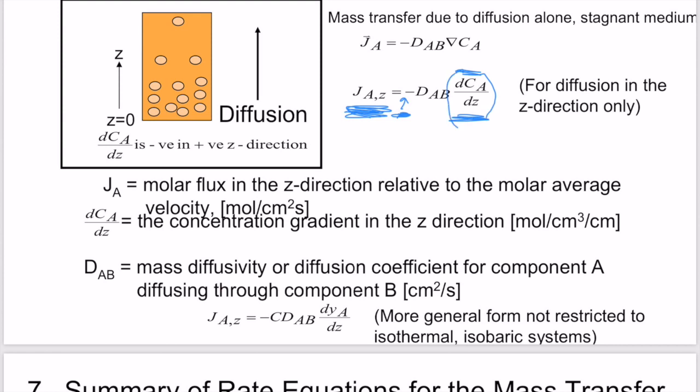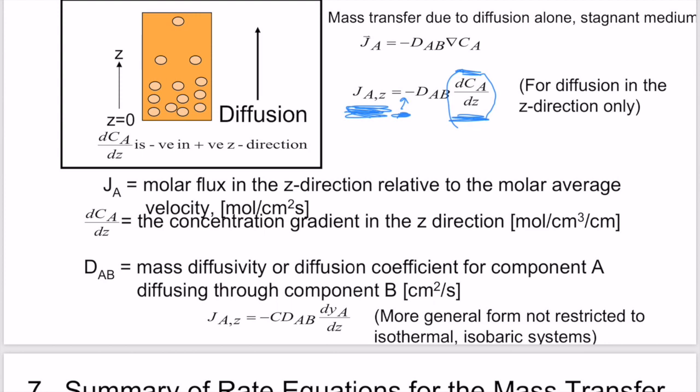And is that a convention that would hold true anytime you set up an equation related to diffusion, that higher concentration is always in a positive direction? It's always traveling from a high concentration to a low concentration. So we need that negative sign there.